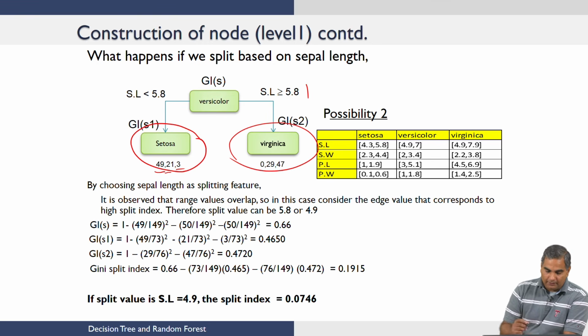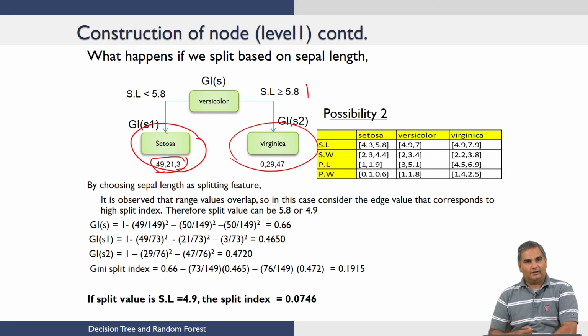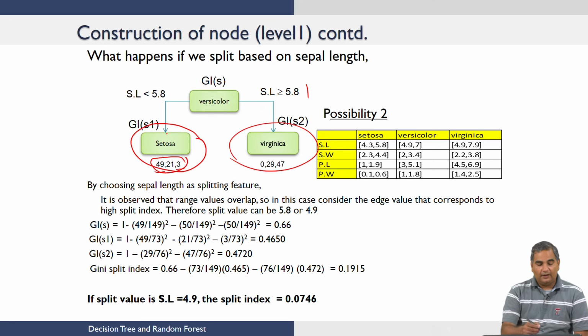I basically have this node saying setosa. And why does it say setosa? Because if you look at this data point, the maximum number of class from which this data comes is setosa, right. So, if I land up here at the end of my decision tree process, then I will say that sample is most likely to be setosa, right.